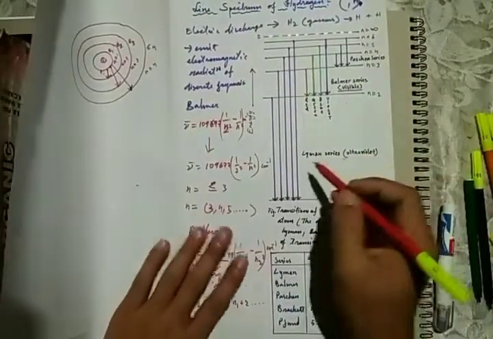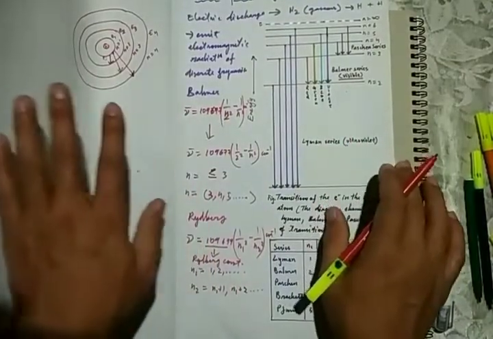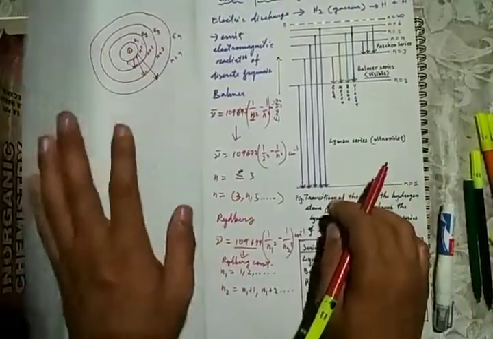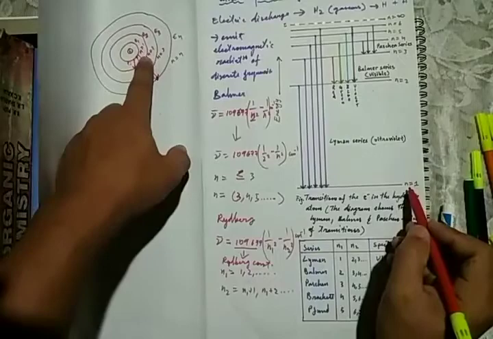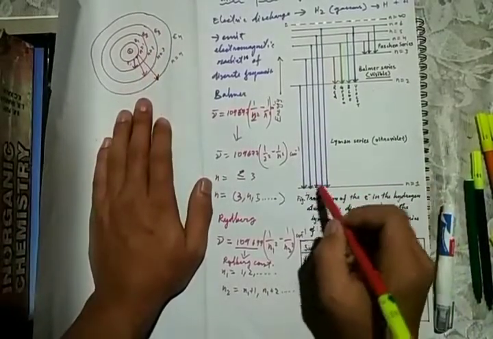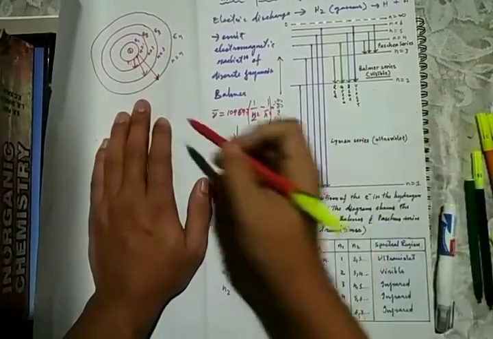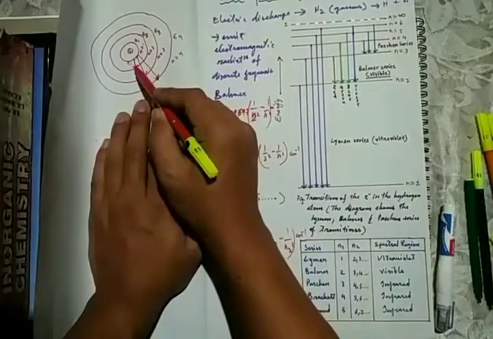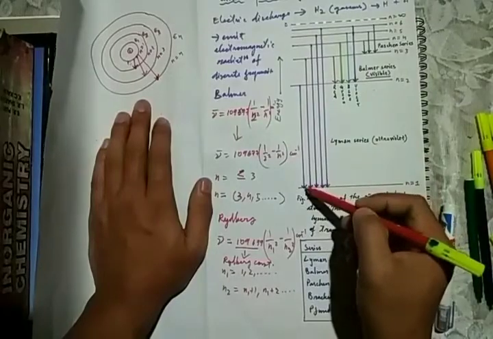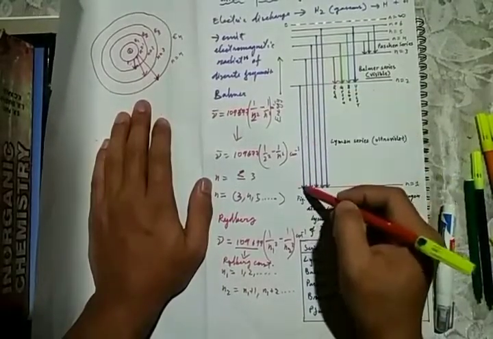So in this series, an electron gains energy and gets excited from N1 to a higher energy state N2, and then after gaining energy it comes back. This is represented by these arrow lines.